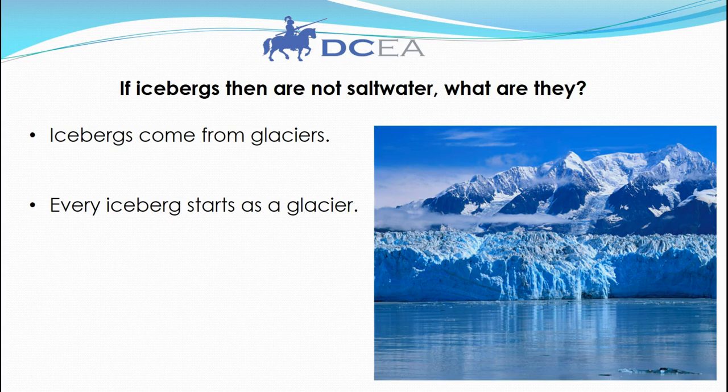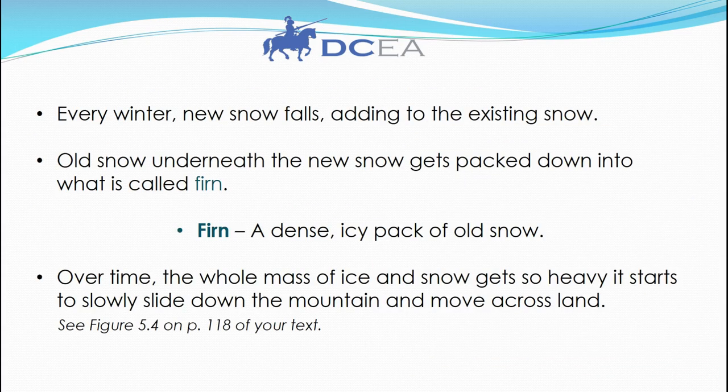So if icebergs are not salt water, what are they? Well, icebergs come from great glaciers. Every iceberg starts as a glacier. Every winter, new snow falls, adding to the existing snow. Old snow underneath the new snow gets packed down into what's called firn.